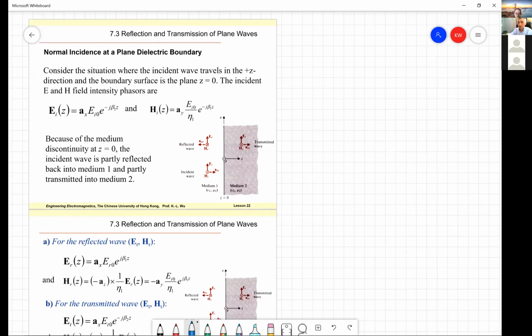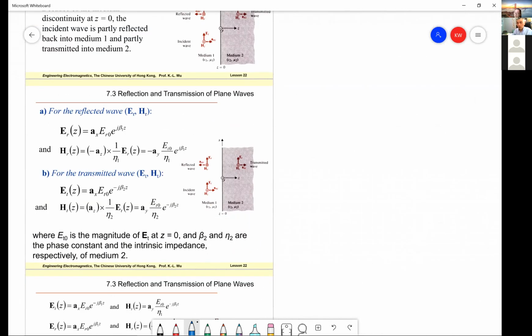Then what we do is, when the wave hits the wall, we expect a reflected wave. We indicate it using R, meaning reflected wave. I don't repeat why I describe the reflected wave in this way.